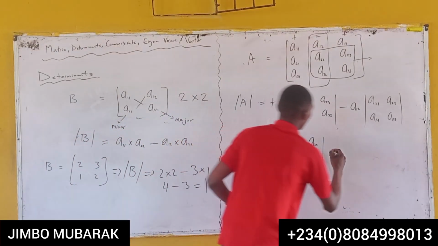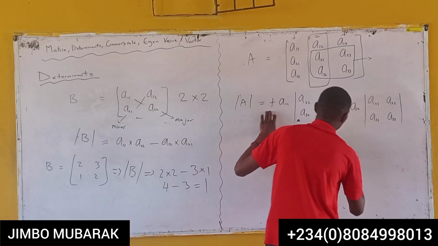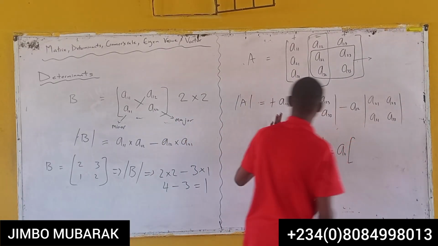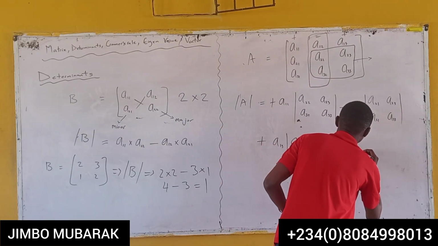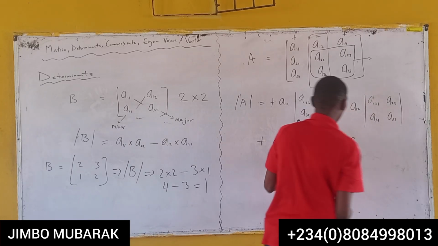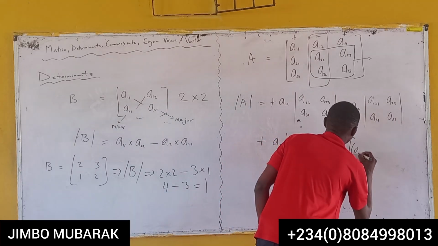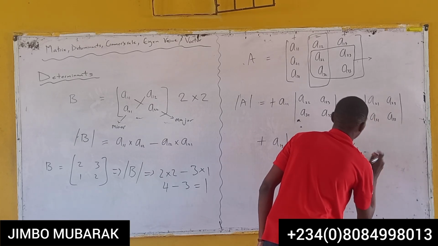Let's move further. For A11, what do we have? A22, A23, A32.